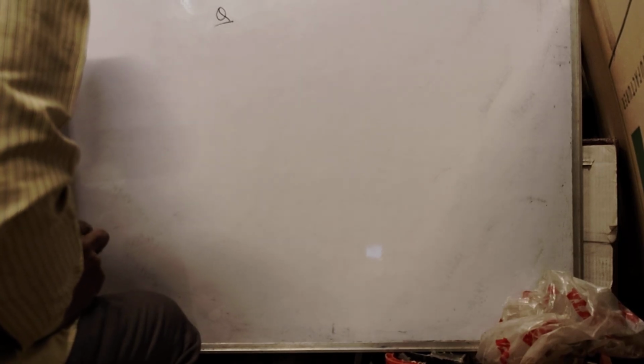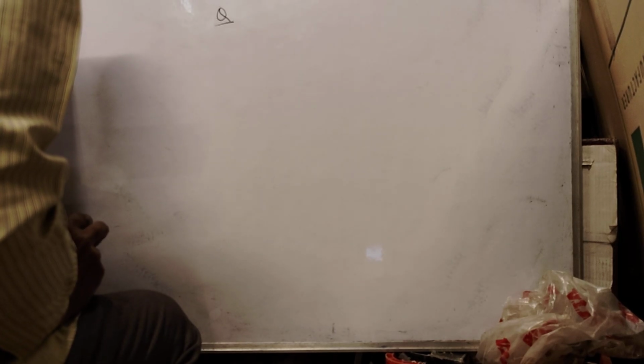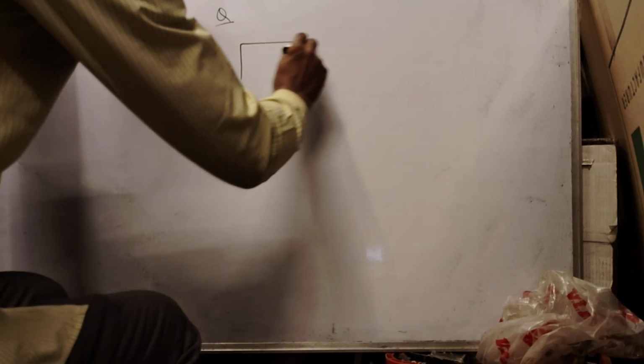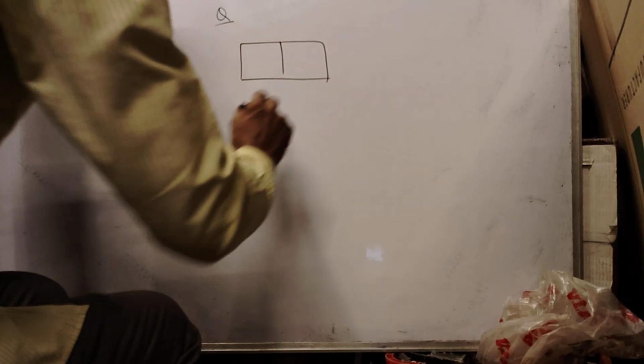Next come to question 5. There is a given pattern. There is a certain relationship between P and Q. So there are P and Q, two figures given.